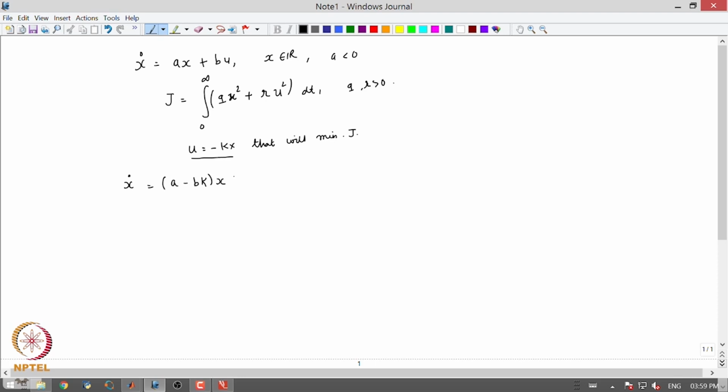Okay. And then if I substitute this u equal to minus kx into my cost function, this will be integral 0 to infinity q plus r k square x square dt.